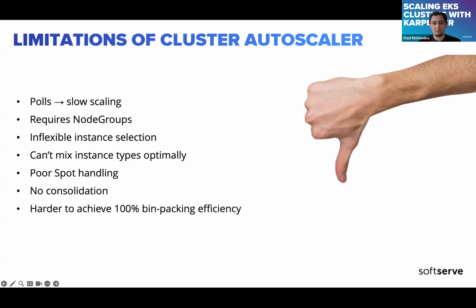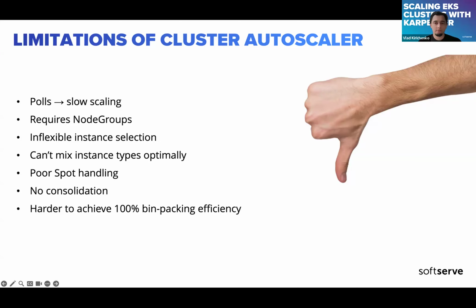When C5 is unavailable, let's use T3. So it's always better to maintain forward progress. Also, we need to have multi-architecture support for both ARM and x86 workloads without manual node group switching.